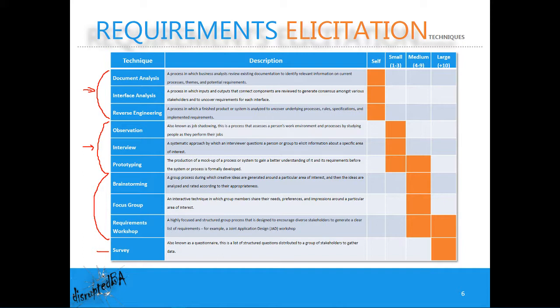So after I've done my document analysis, I might decide to observe some people working in the operational environment, or I might decide to interview a few people to understand why something was done in a particular way previously.